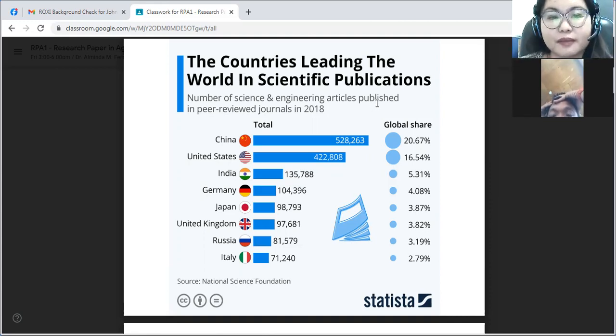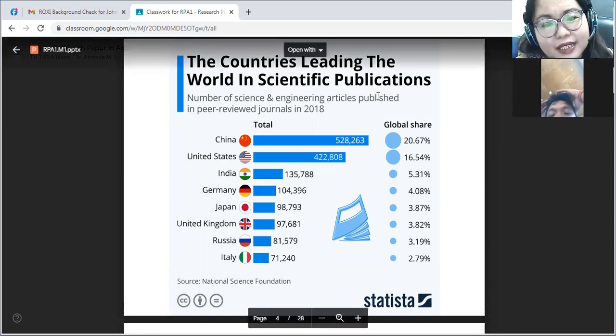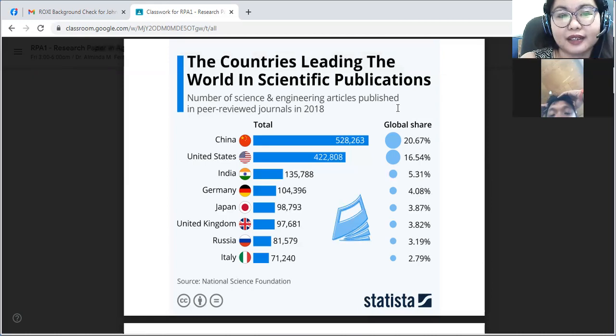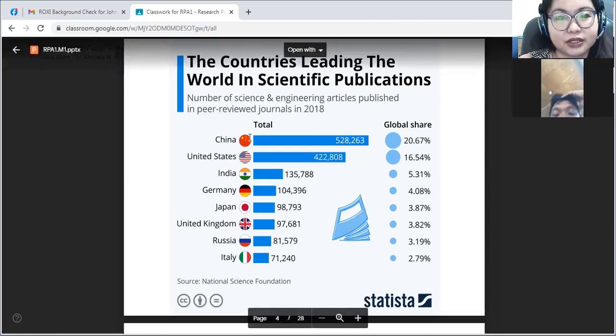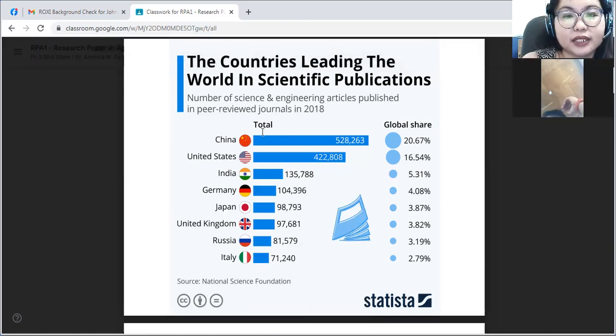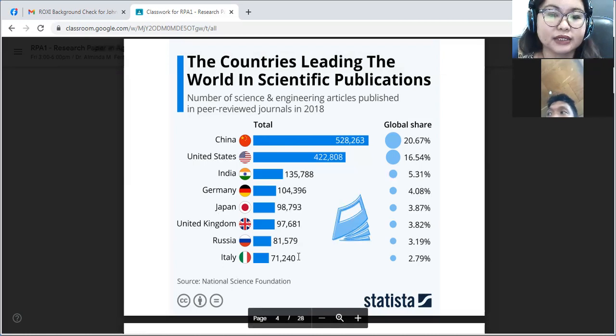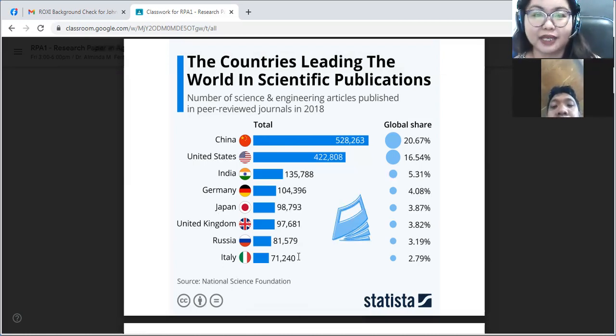If you are rich, it means you have many scientific publications. Unfortunately, since the Philippines is a developing country, we are not rich, and the worst is that we only have few publications. The top one in terms of publication is China, followed by the United States, India, Germany, Japan, UK, Russia, and Italy. These are countries that are more writers, by genetic makeup.